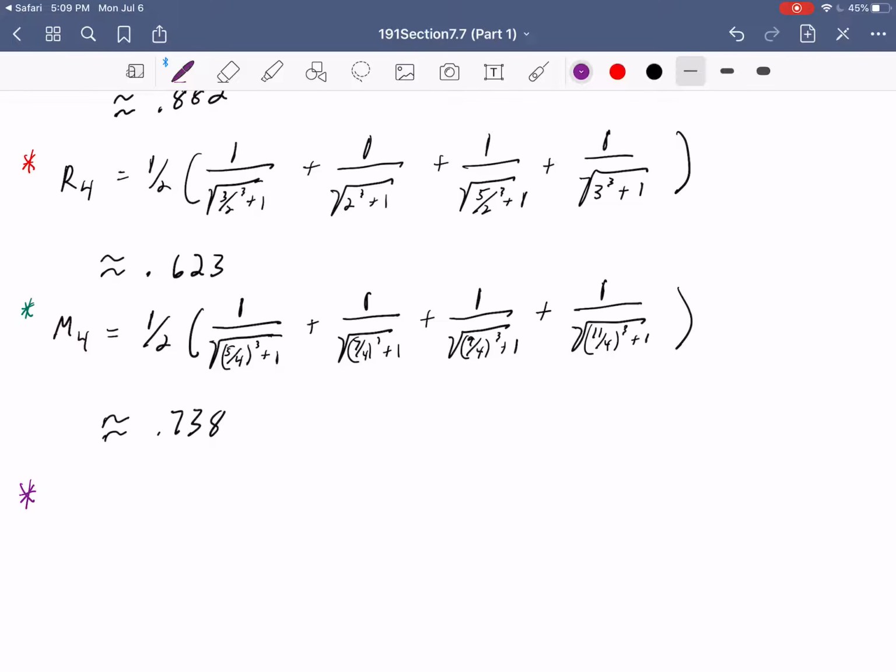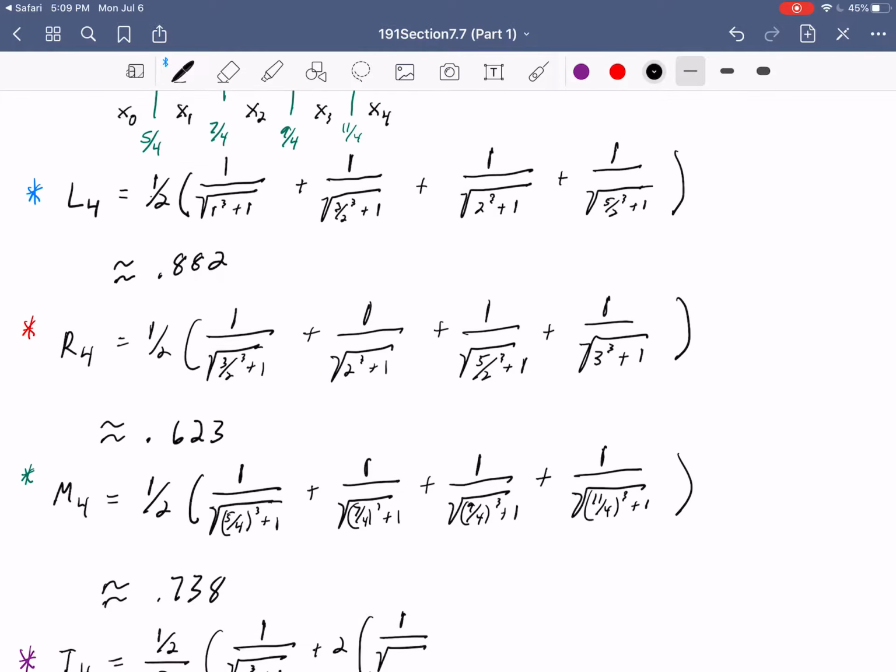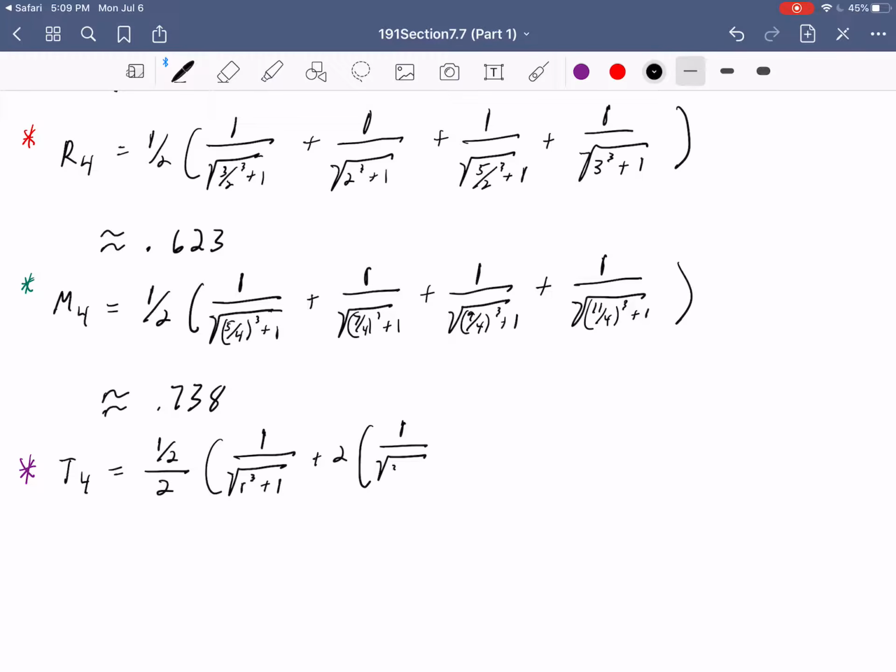So for the trapezoidal rule, what we're going to have is 1/2 divided by 2, delta x over 2, times 1 over the square root of 1 cubed plus 1, plus 2 times 1 divided by the square root of (3/2) cubed plus 1, since our next point after 1 was 3/2, plus 2 times 1 over square root of 2 cubed plus 1, plus 2 times 1 over square root of (5/2) cubed plus 1.